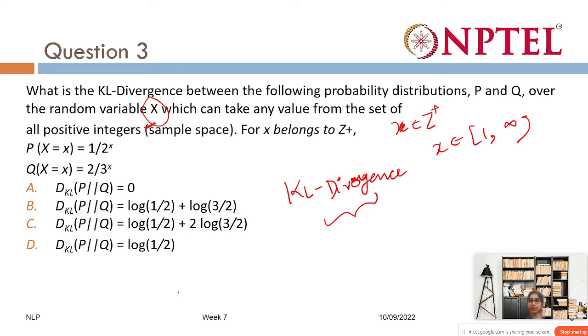Please unmute and tell. What do we use KL divergence for?